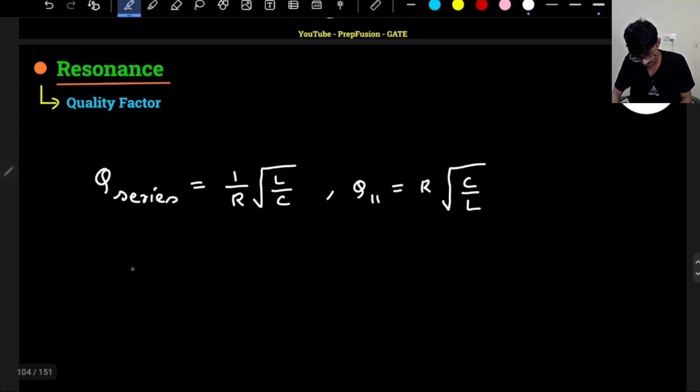So the quality factor of a parallel circuit is equal to 1 by the quality factor of a series circuit.